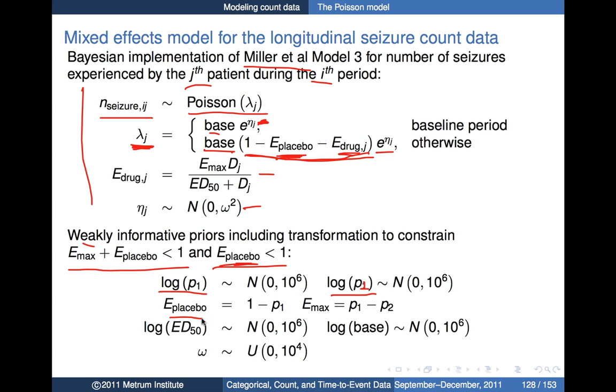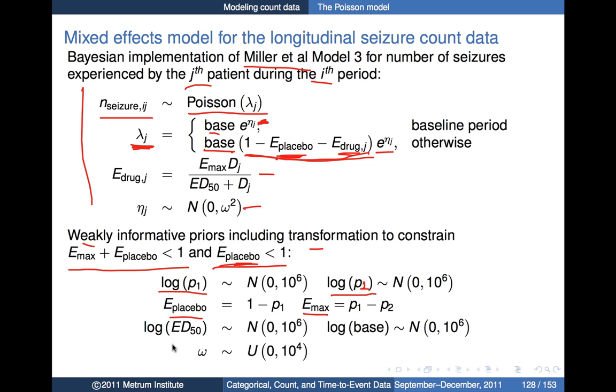Then E placebo and E max are defined indirectly from those. In particular, E placebo will be 1 minus P1, and E max will be P1 minus P2. I'll leave it to you, if you want to play around with that, to convince yourself that we in fact achieve the desired constraint, so that we never end up with a negative value for our lambda term over here.